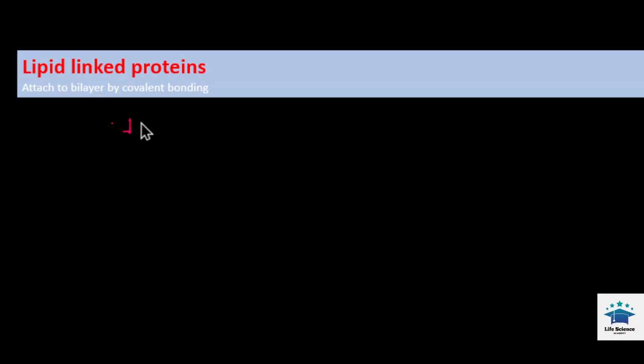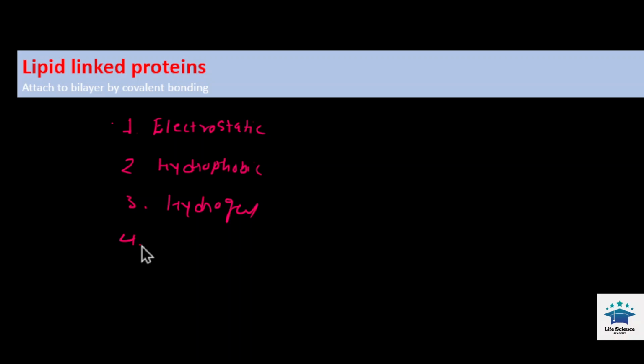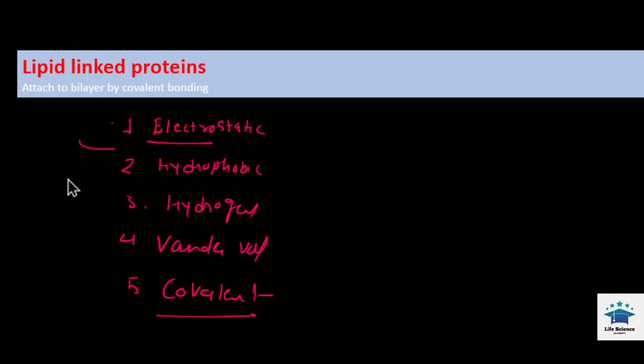Some typical chemical bonding is represented like electrostatic interaction, hydrophobic interaction, hydrogen bonding, fourth will be van der Waals bonding, and fifth one is the covalent bond. So write down in the comment section where the electrostatic interaction is present, where the hydrophobic interaction, where the hydrogen bonding, where the van der Waals, and where the covalent.